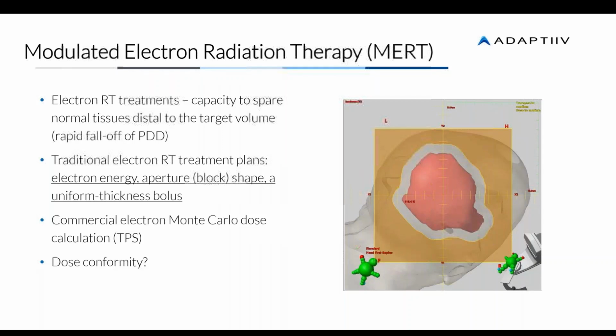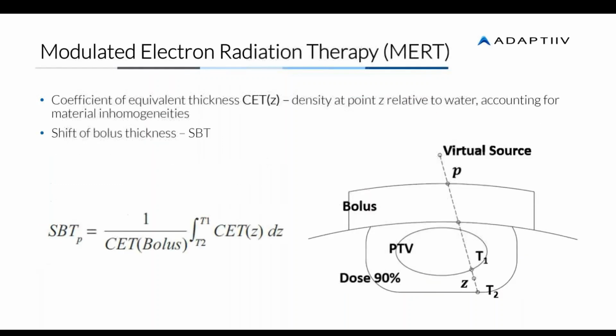The ultimate question here is what happens to the dose conformity distal to the PTV. So that's exactly where our MEB module comes in, where we developed an algorithm which transposes the distance between the distal part of the PTV and the 90% dose, or the prescribed dose, designated here as T1 to T2, into the shift of the bolus thickness.